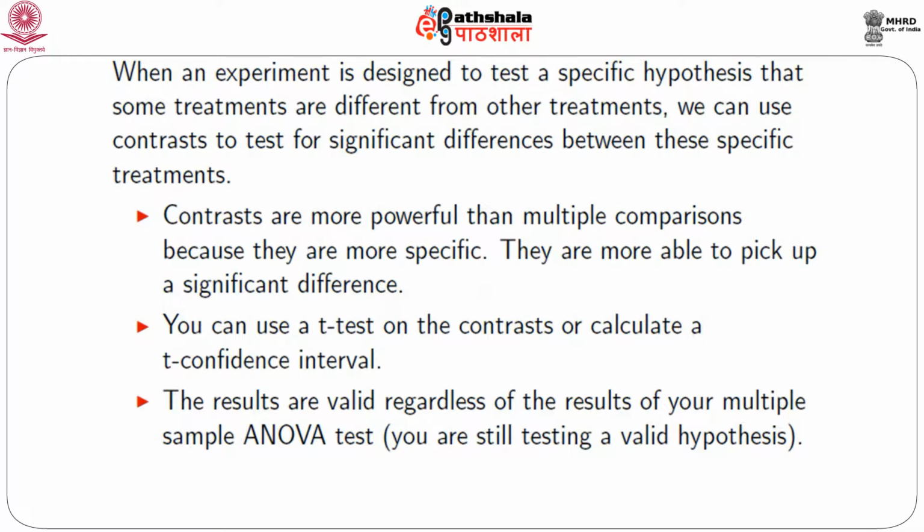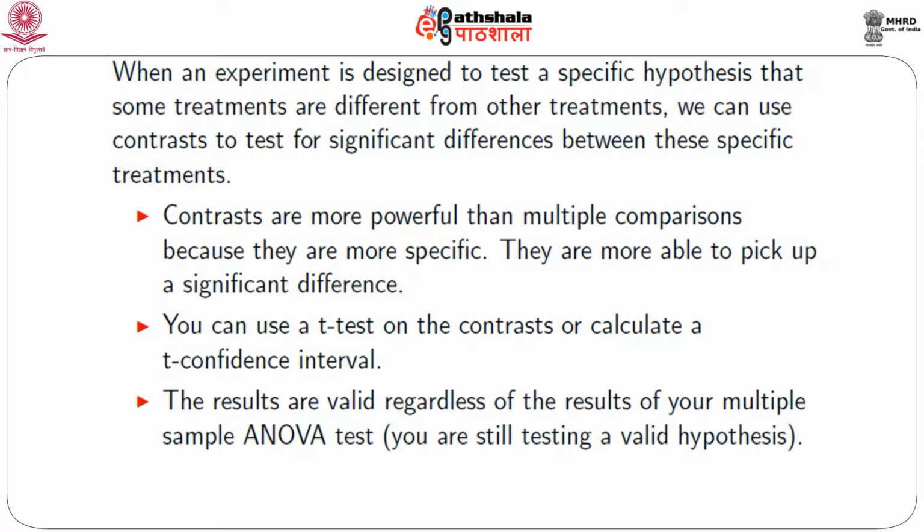When an experiment is designed to test a specific hypothesis that some treatments are different from other treatments, we can use contrasts to test for significant differences between these specific treatments.